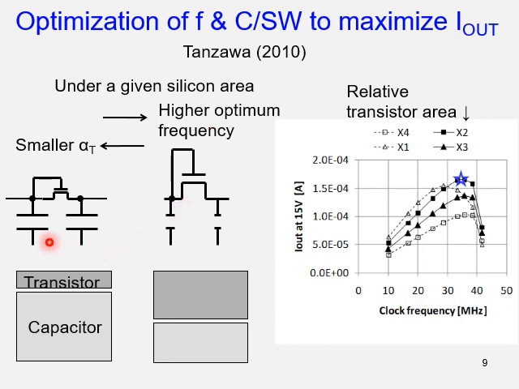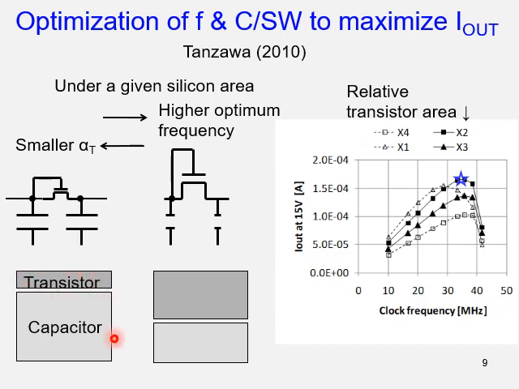So let's look at the clock frequency versus capacitor size or diode size like this. So given the stage area, your freedom is how much capacitor should be used, or how much transistor size should be used.